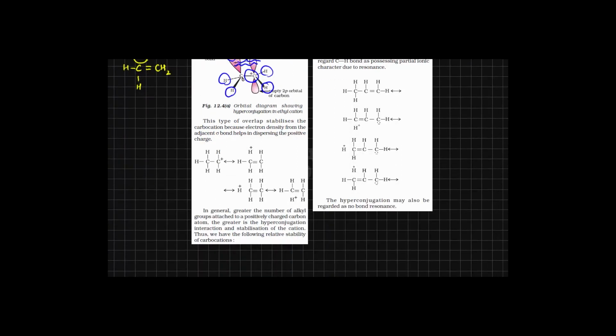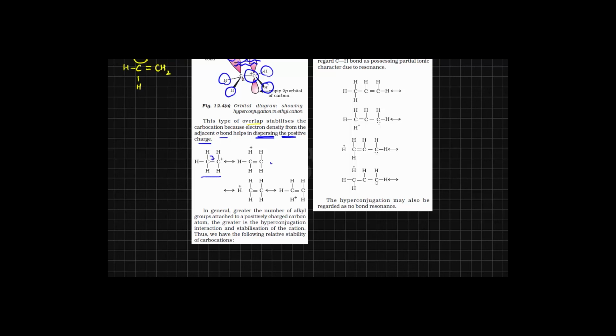Now, this is how they have shown it over here. This type of overlap stabilizes the carbocation because electron density from adjacent sigma bond helps in dispersing the positive charge. Look at these 4 structures very carefully. So, if I draw the arrows, it will be like this in this.